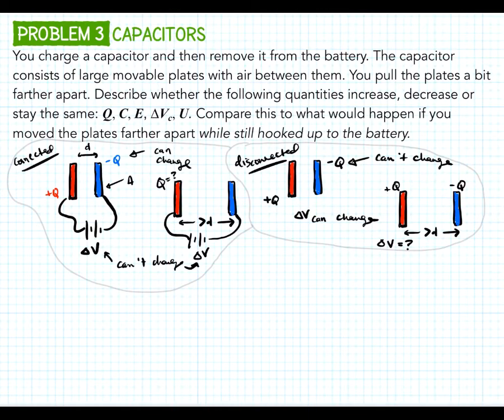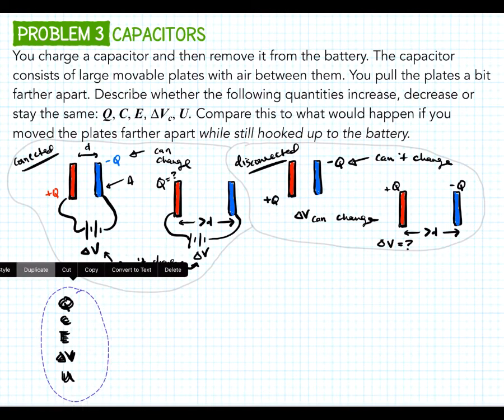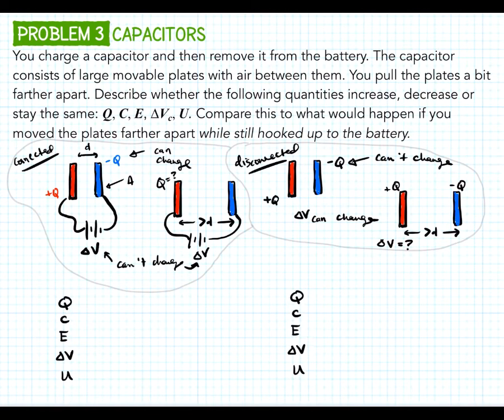So let's go through our values of things we want to check if they can change or not. For the case where the battery is still attached, we want to know what happens to Q, C, E, delta V, and U. And the same thing where the battery is unattached.